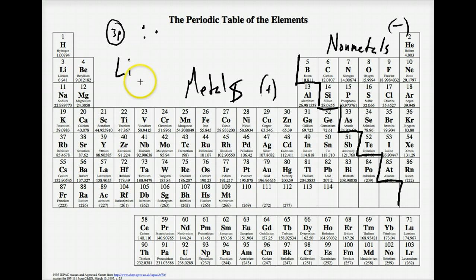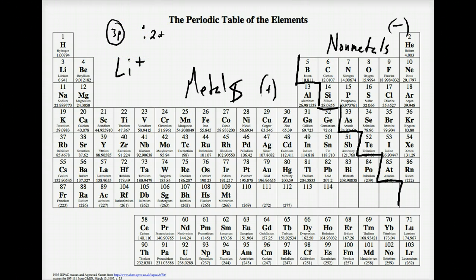If I was going to make this lithium ion, which forms a +1 charge, what do you think happens to the size or the radius? It constricts. That makes perfect sense.